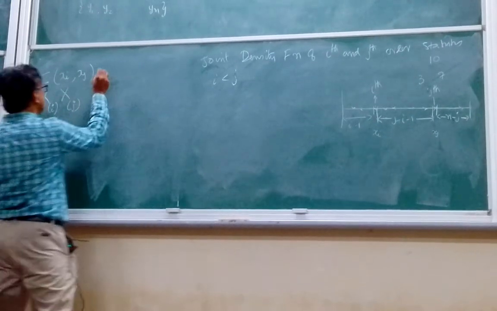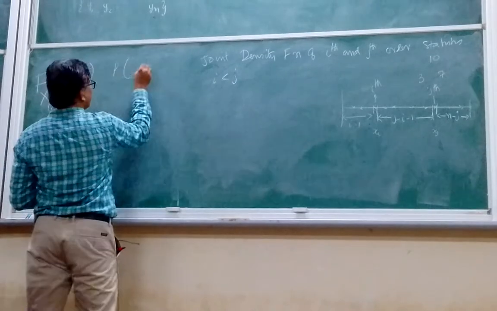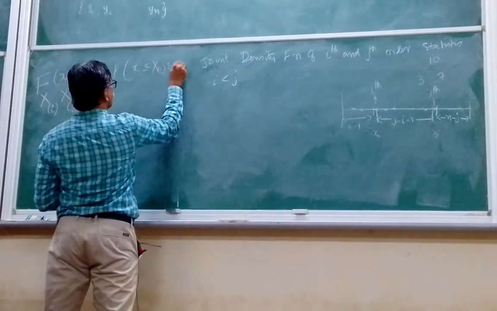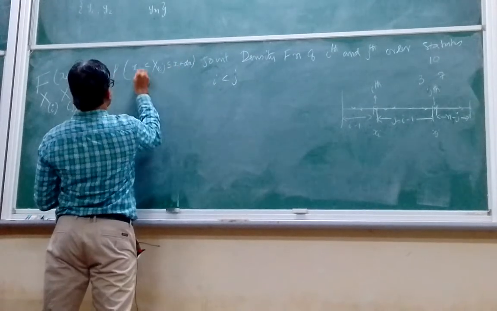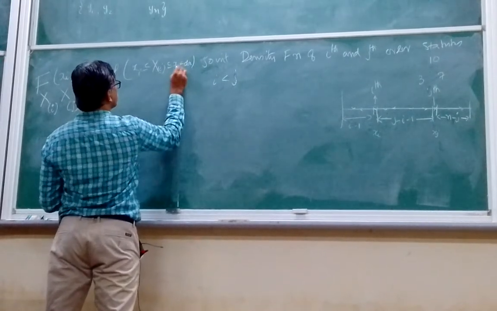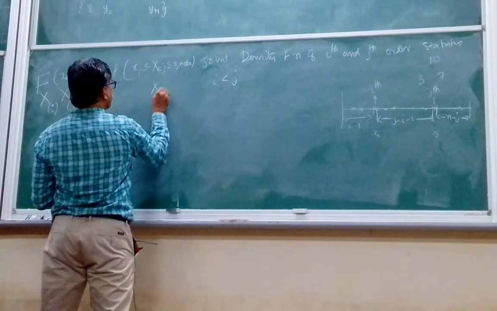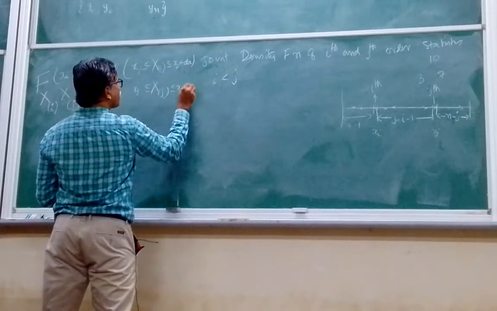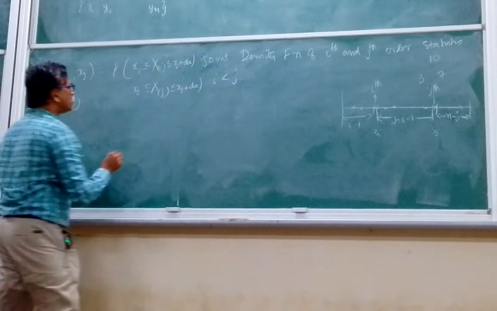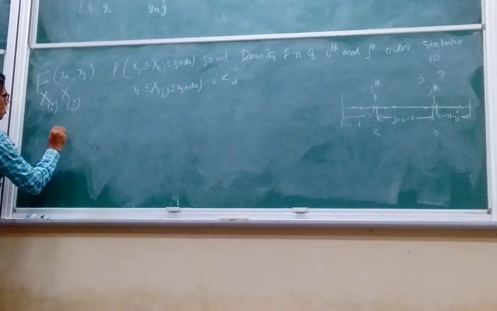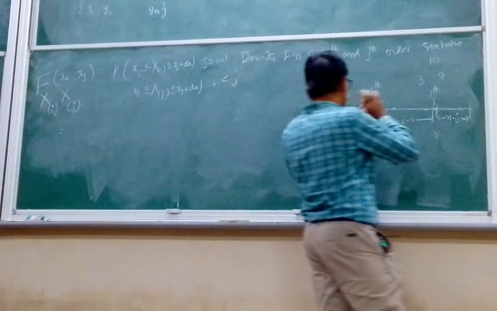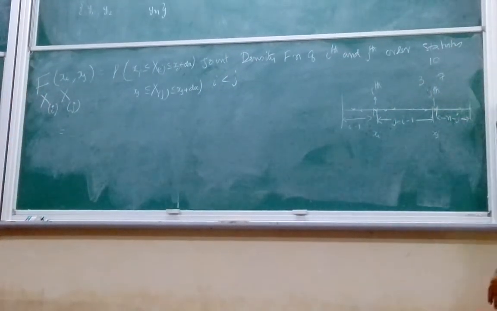By that we mean the probability that xi lies between x and x plus dx, and xj similarly, and this is what we are interested in. So for this to occur, I will split the points that I am throwing here.